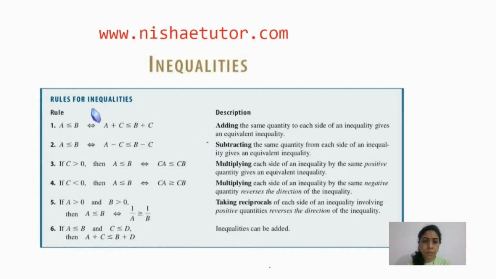But before starting how to solve linear inequalities, I want to introduce the rules for inequalities. There are a total of six rules, and this is the first: a less than or equal to b. If you have any inequality and you add any number to both sides, the inequality doesn't change.